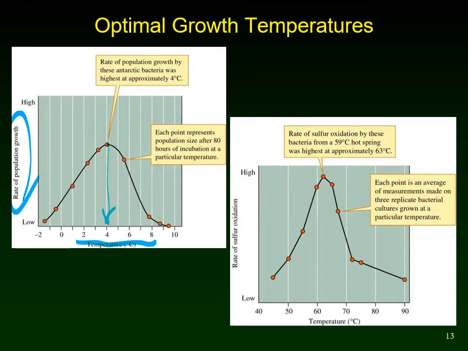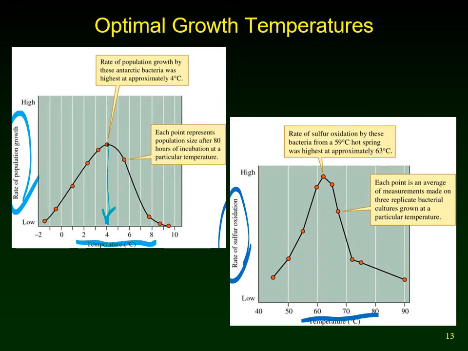The second graph here is looking at these bacteria from the hot springs in Yellowstone. And so we can see once again, we have temperature across the x-axis, which is our independent variable. And here the rate of sulfur oxidation. So this is the rate that they are using the sulfur for their energy source being measured.